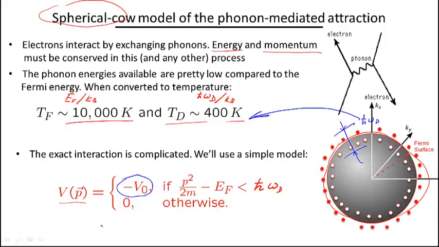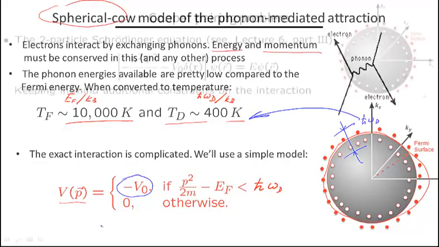But per the results of the previous segment in this lecture, we know that the two-particle problem in quantum mechanics is to a large degree equivalent to a single particle quantum mechanical problem.